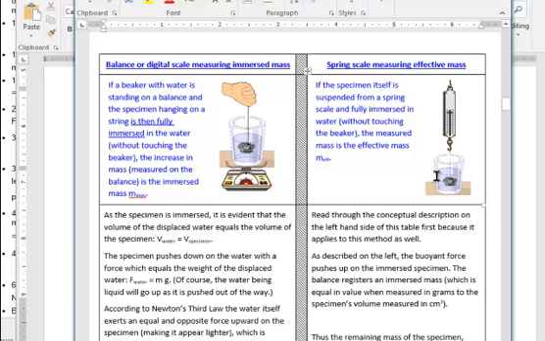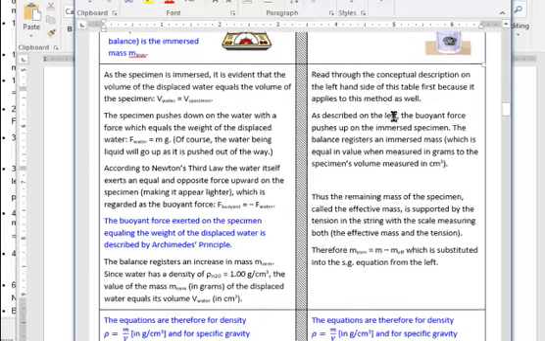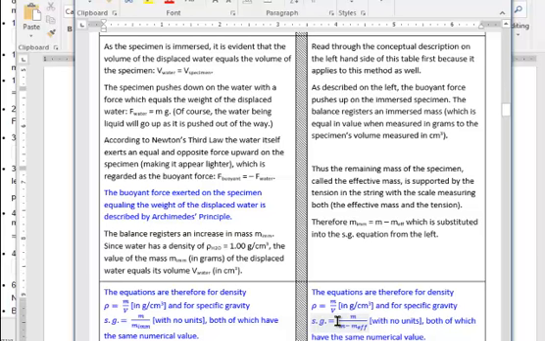So for the effective mass, you put it on a scale and then immerse it in water and determine how much less it weighs due to the buoyant force, and that gives you that effective or apparent mass. And the formula for that is this one down here.